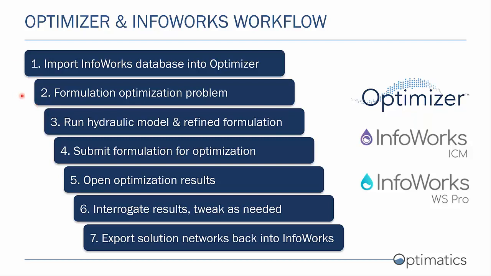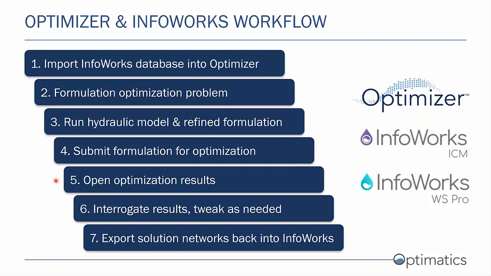The second is formulating the optimization, and this happens in the Optimizer desktop software. The third step is running the hydraulic model and refining the formulation. That's something that's just done locally on your machine. Then we're ready to submit for optimization, and that's done on a computational cluster.